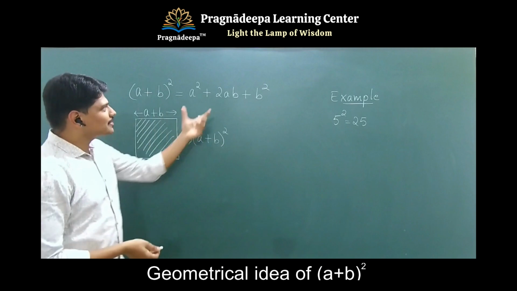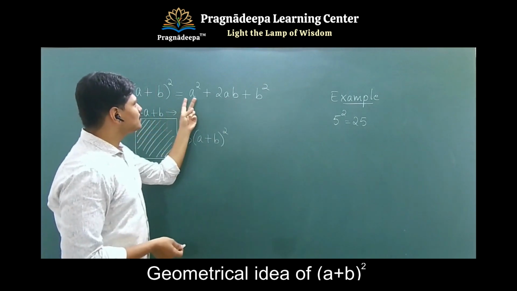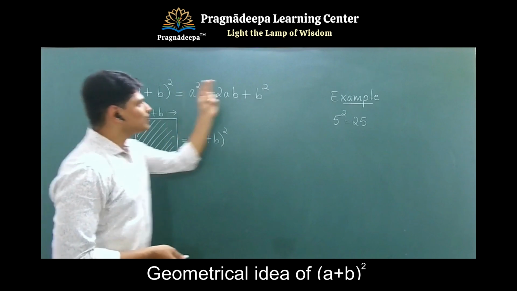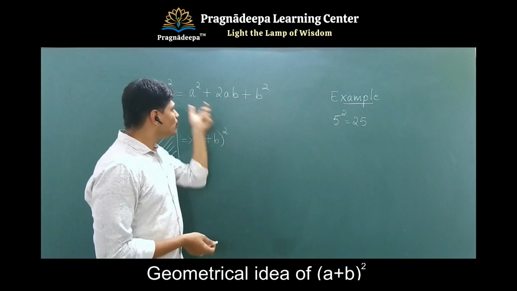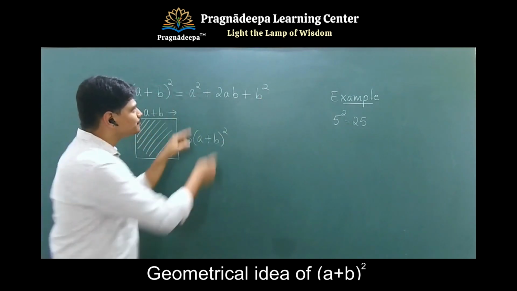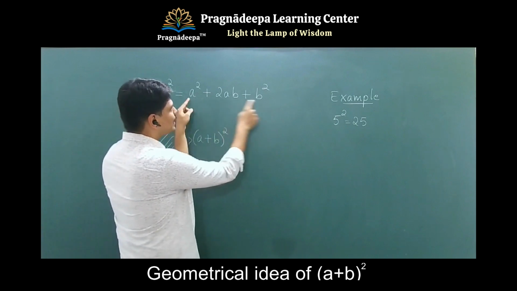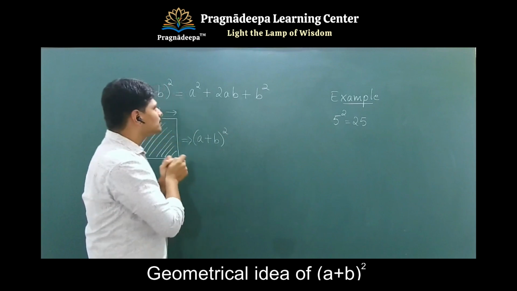Now the challenging task is to understand the right-hand side. Students, on the right-hand side, you have an a² term, a b² term, and a term called 2ab. So how to visualize this geometrically? To visualize this geometrically, you can divide it into three different geometrical figures.